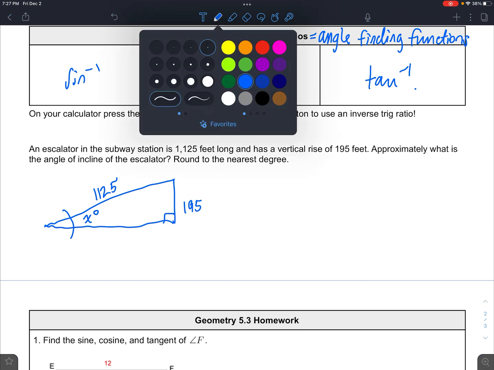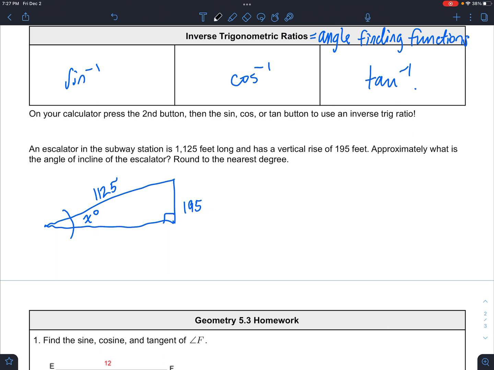Okay. So now you're going to go in and label. If that small angle is our reference point, this is opposite it, right? That's way across the side. And this is hypotenuse. And this is adjacent. But I say adjacent like that because we don't have any information down there.